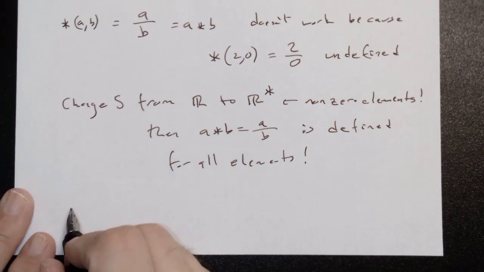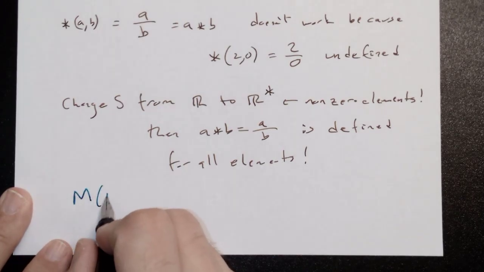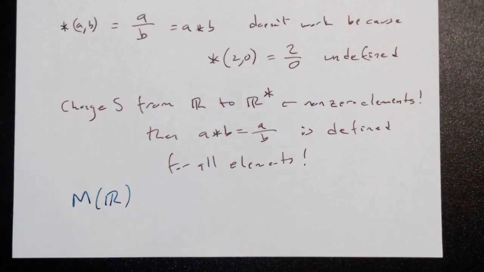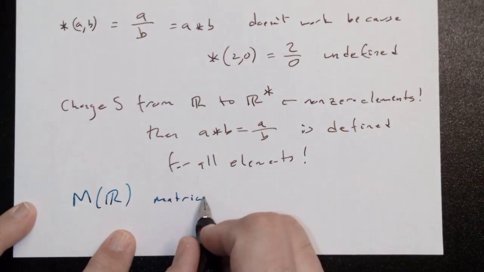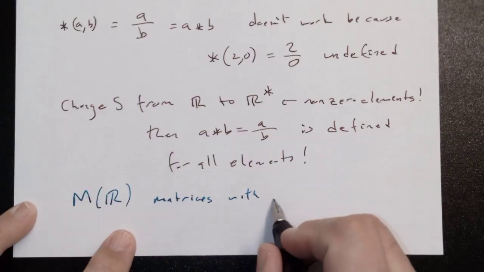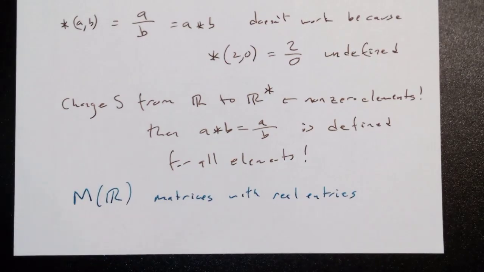So if I consider the set of matrices with real entries, if I want to add matrices, I need to add all the pieces that are in the same places.